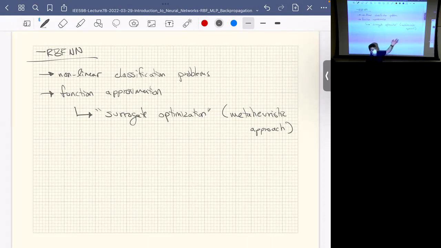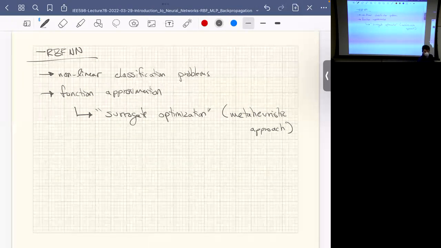I think it's called surrogate. What surrogate does is take a relatively simple metaheuristic, similar to a genetic algorithm but usually even simpler, and it will evaluate a very costly function.